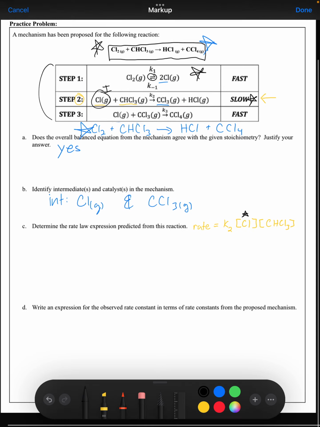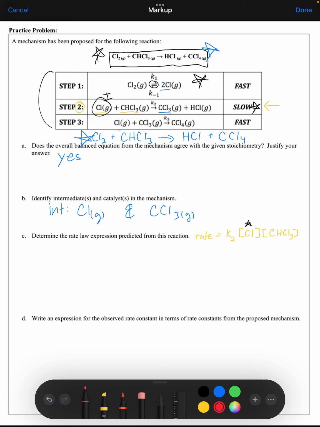Okay, so next part, we have to write our 2 rate law expressions for the forward and reverse reaction of step 1. So our forward reaction would be K1 times our concentration of Cl2, and we're going to set that equal to our reverse reaction, which would be K sub -1 times our chlorine.